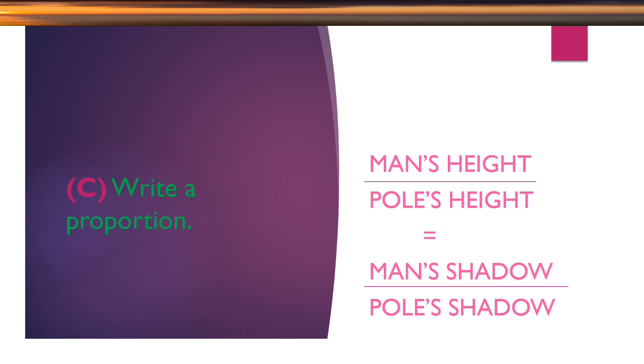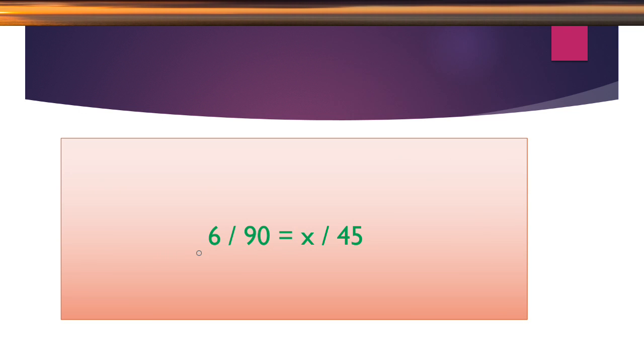Now write a proportion. In writing a proportion, we'd like to write the man first. So the man's height first, then the pole's height, equal to the man's shadow over the pole's shadow. So the man's height is 6 and the pole's height is 90.